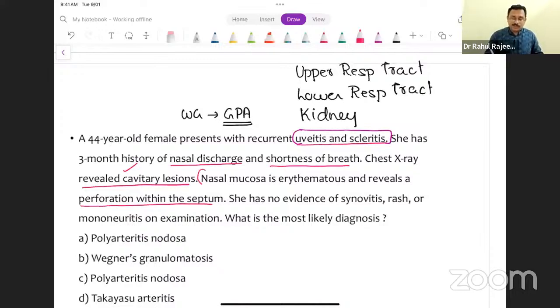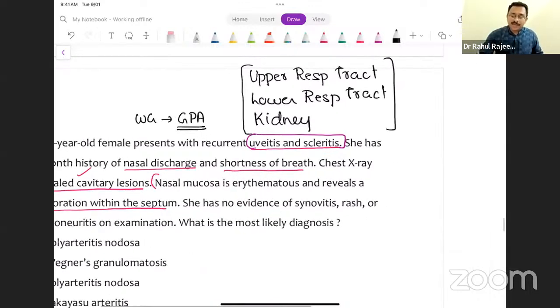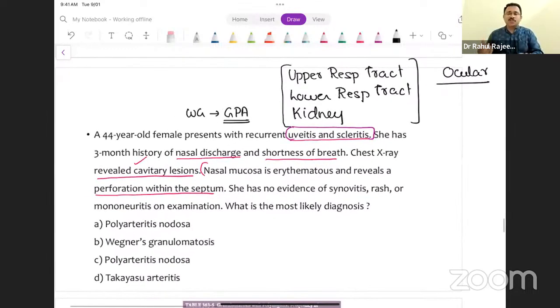And nasal mucosa and nasal septum, again, very commonly involved in Wegener's. As I said, when you learn vasculitis, try to learn the signature features of individual vasculitic syndromes. But also remember, it is not limited to these three important anatomical regions alone. You can even have ocular involvement as well. So ocular involvement in the form of uveitis and scleritis also can occur in case of Wegener's granulomatosis. Hence, the answer here is Wegener's granulomatosis.